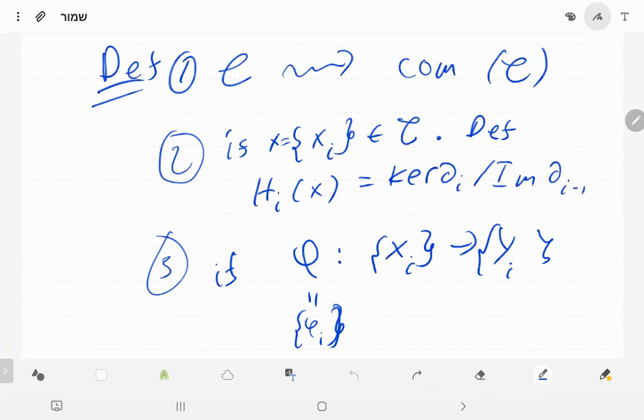Yeah, so I said if we have a complex, the image is always inside the kernel, and now I have to define what is modulo.